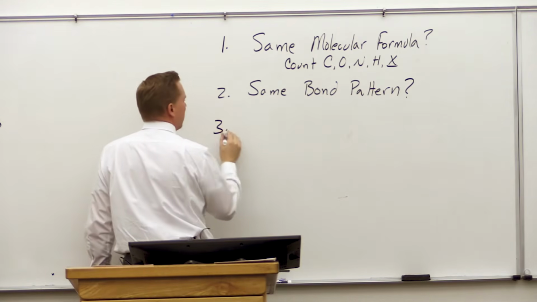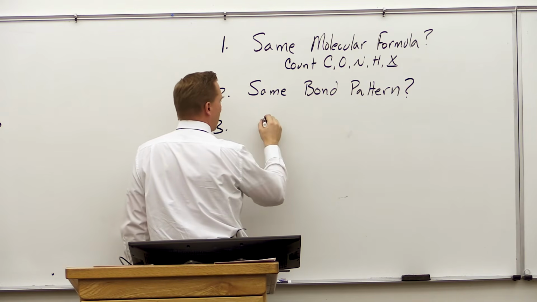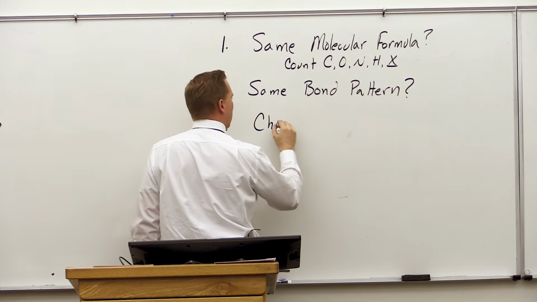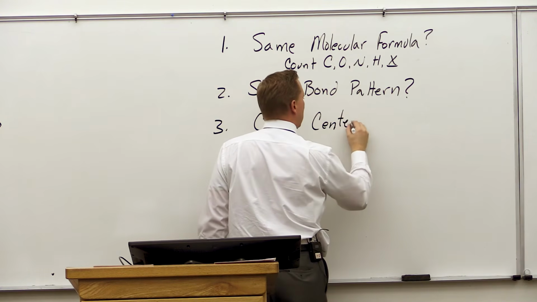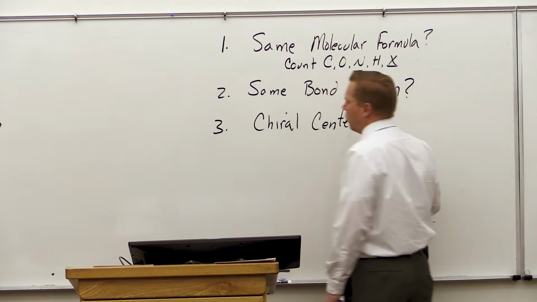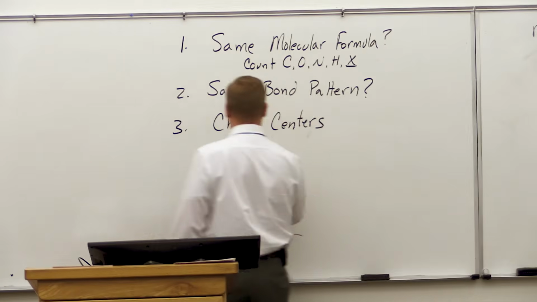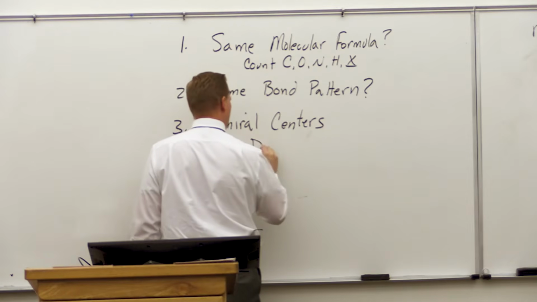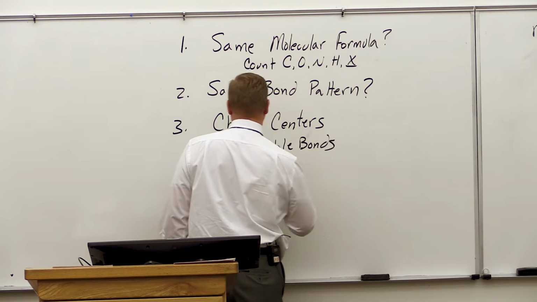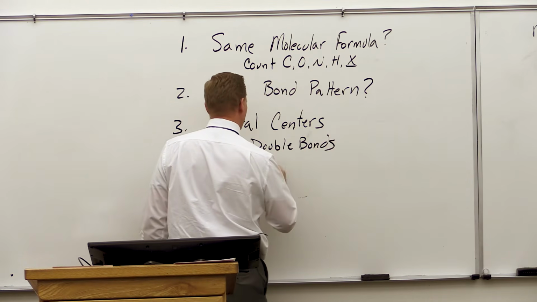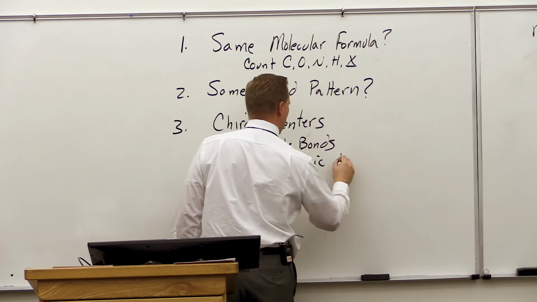The third question we asked, and we only asked it if they had the same bond pattern, was we asked if there were any chiral centers. Do we have double bonds is usually the first one I look for. And the next one would be asymmetric carbons.